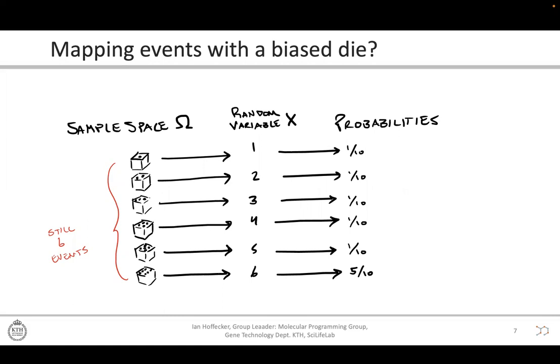And you'll notice that we still have 6 possible events here. So we can't use our earlier trick of just dividing our event by the total number of events here. So how do we deal with this? Where does this come from? And what happens to our model when this is the case?